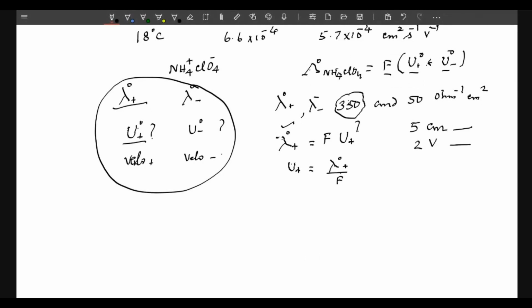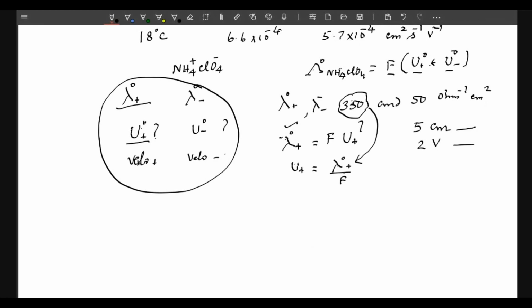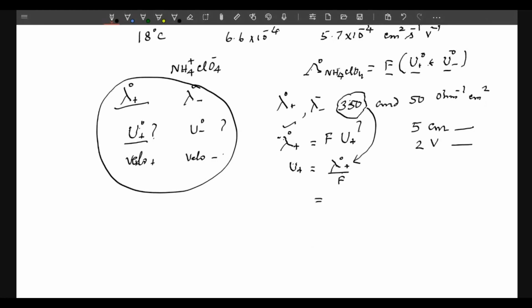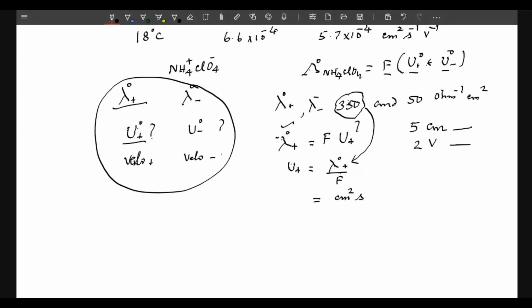This is given as 350, put it here, 96,500 here. You will calculate this, and the unit is meter square per second per volt. This is for the U plus. Similarly, you can calculate U minus. You work it out at home, you can easily calculate U minus.